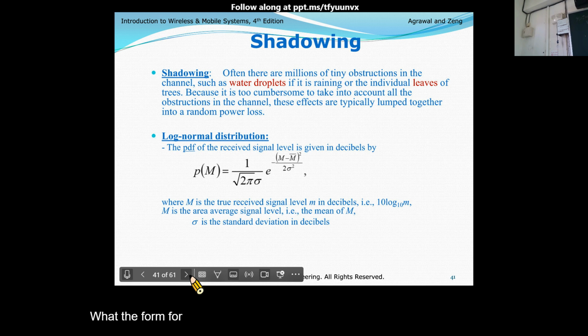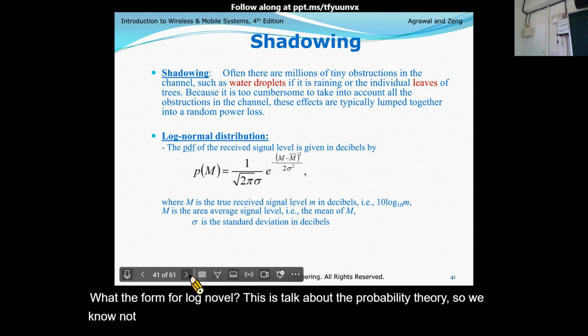First, we talk about the probability theory. So we know log normal, right? Let me ask you the question.